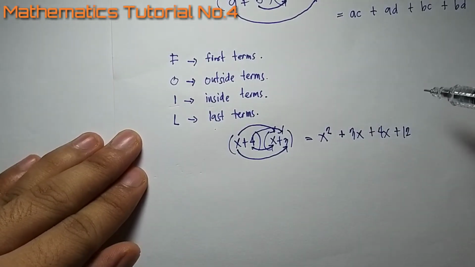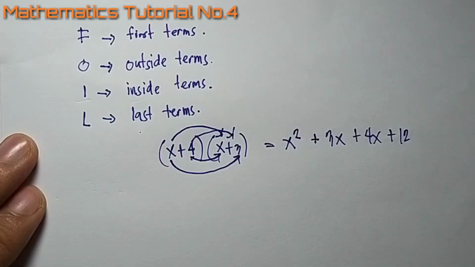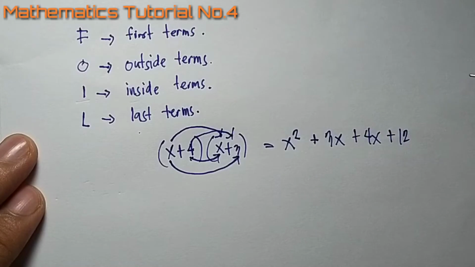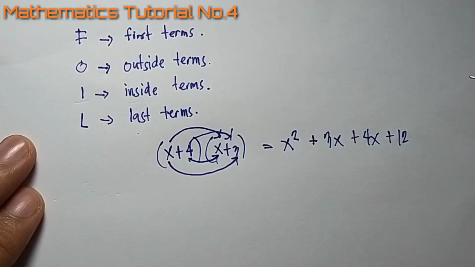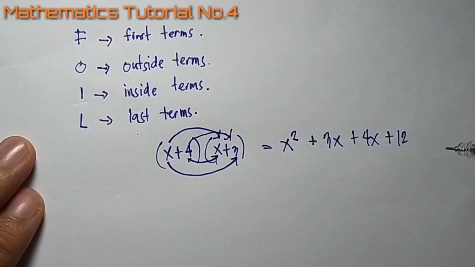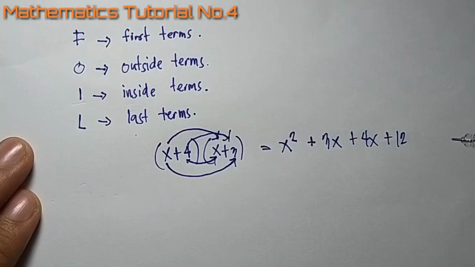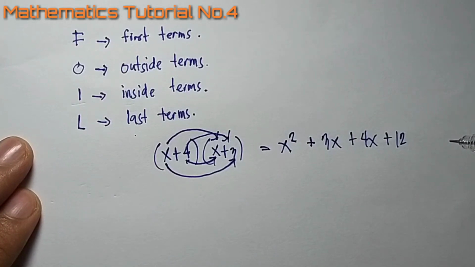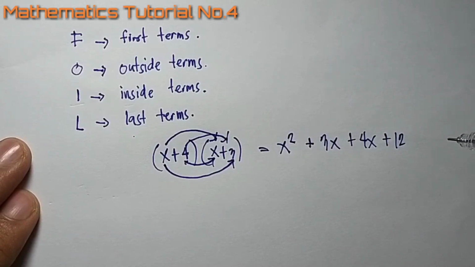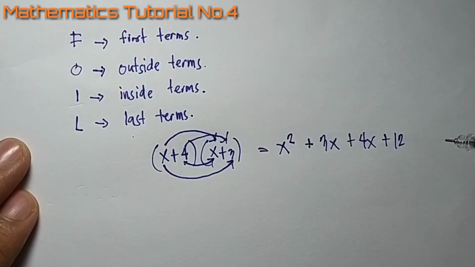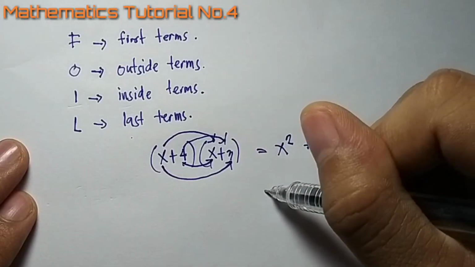So, karon tan-awon nato kung ma-simplify pa ba o dili na. Kay kung dili na ma-simplify, mao na itong answer. So, karon we have x squared plus 3x plus 4x plus 12. Kung atong nabantayan, naa ay pareha og terms. Kining 3x og 4x. Di ba pareha sa variable? Unya, pareha pod sa exponent, which is imaginary one. So, since pareha man sa terms, atong siyang pwede ma-add. So, si x squared, wala man kaparehag term.